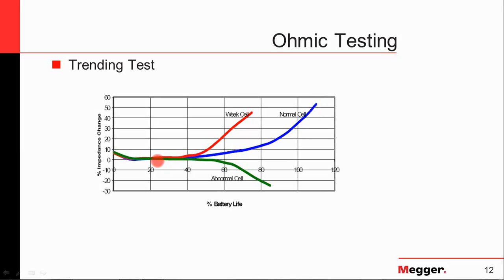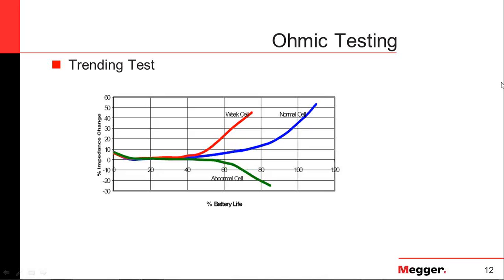A weak cell would follow that same pattern, but they would just fail a lot quicker. And then some sort of abnormal cell where you might be having excessive sulfation, it will trend downwards. In other words, it's trending towards a short, which is not the normal process a battery takes. Now, I mentioned that this type of test is a trending test.